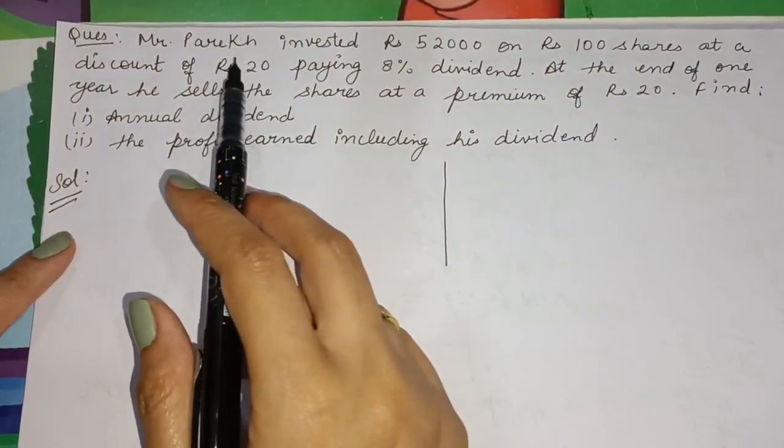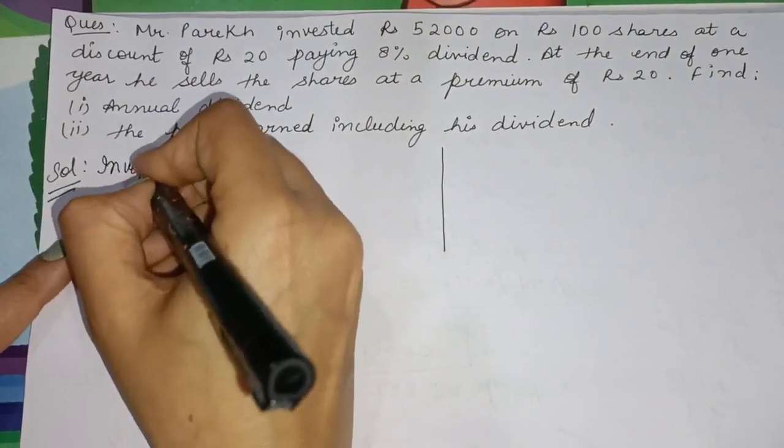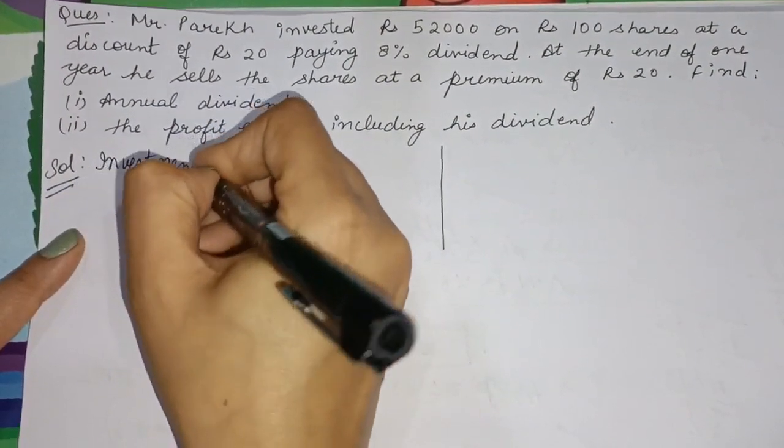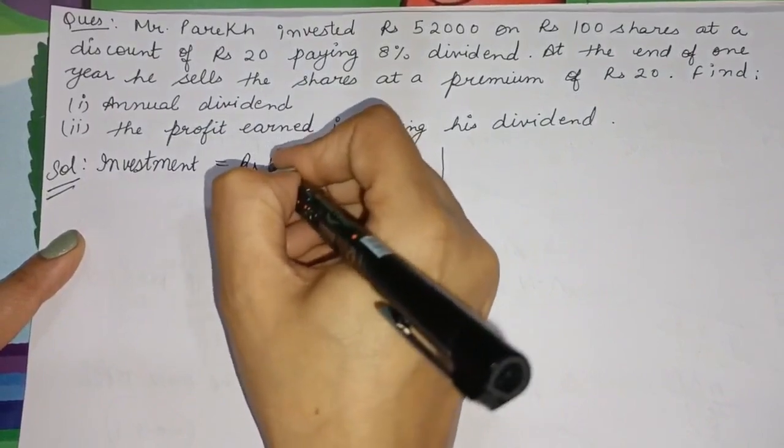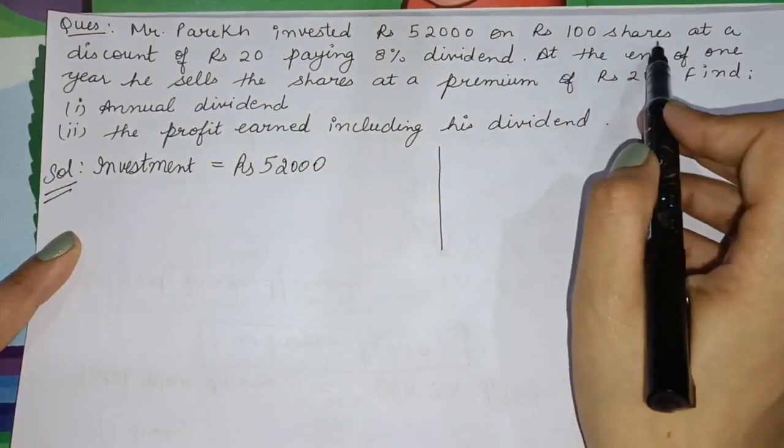So first of all, when he is buying, Mr. Parekh invested. Invested means investment is given to us. So investment is equal to rupees 52,000 on rupees 100 shares.